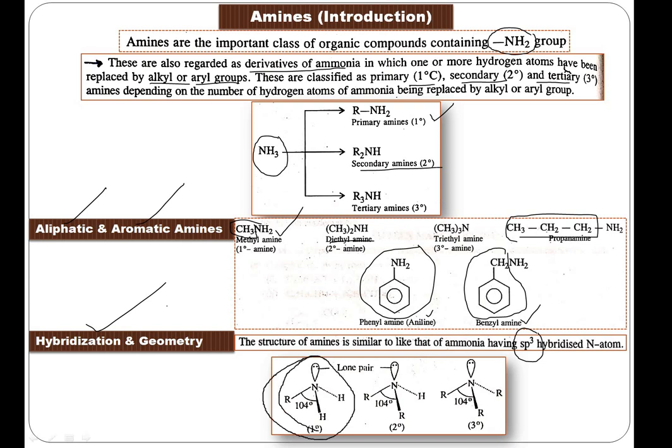This is the pyramidal geometry. अब चूंकि लोन पेयर प्रेजेंट है यहाँ पे, the bond angle gets reduced, so it becomes 104 degree. So this is the pyramidal geometry of 1 degree, 2 degree and 3 degree amines.